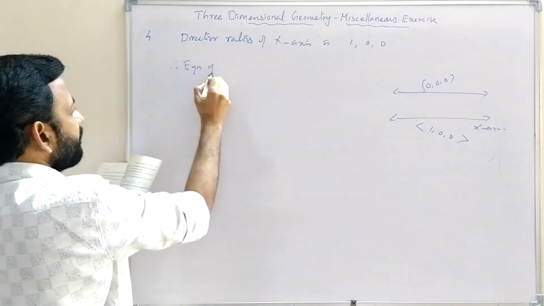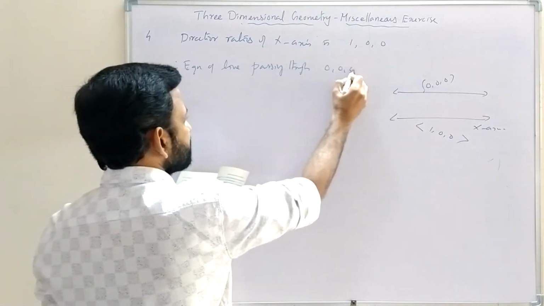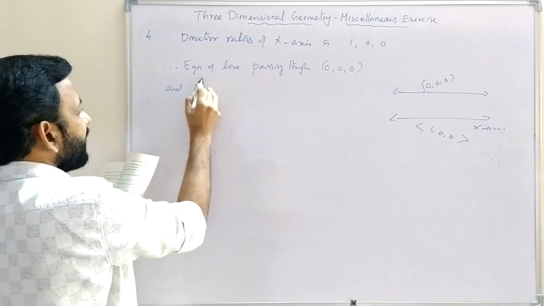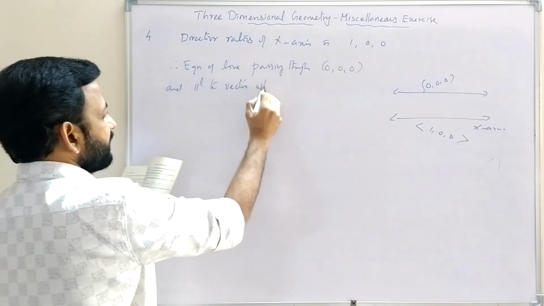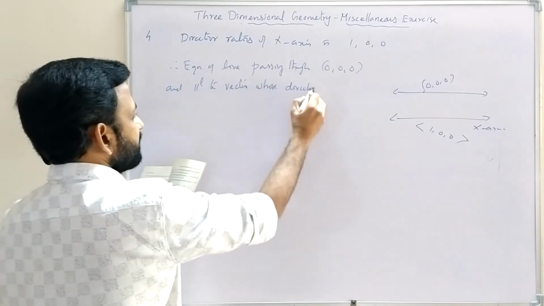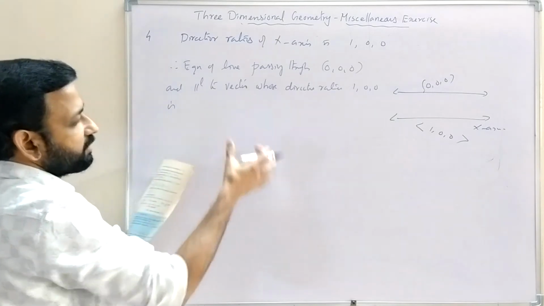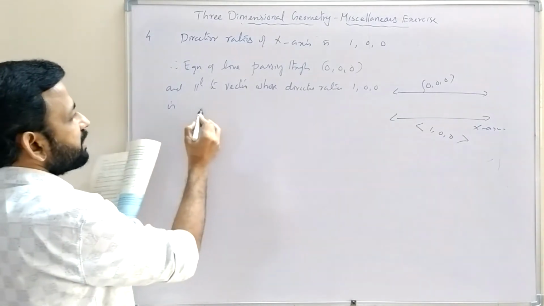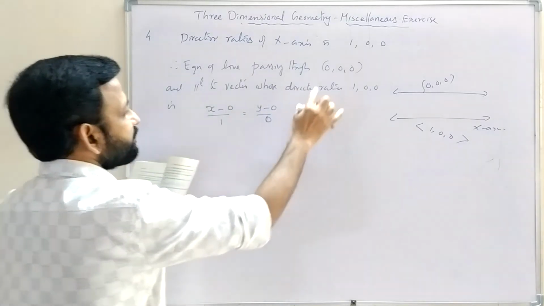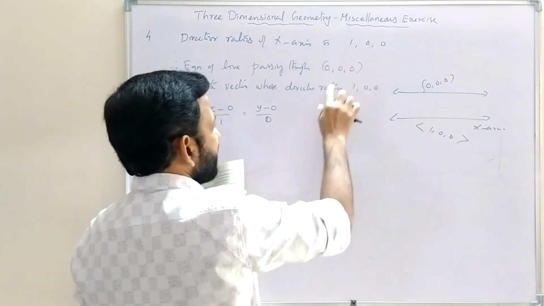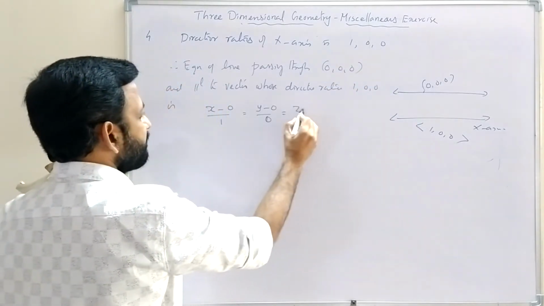Therefore the equation of the line passing through 0, 0, 0 and parallel to the vector whose direction ratios are 1, 0, 0, that means parallel to the x-axis, is (x minus 0) upon 1 equal to (y minus 0) upon 0 equal to (z minus 0) upon 0.